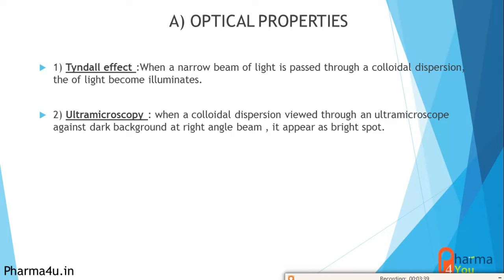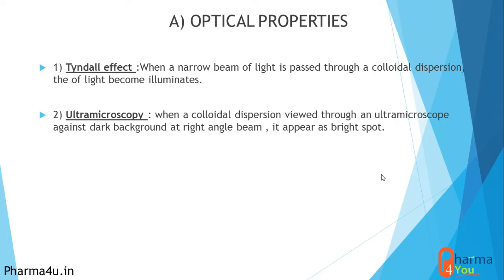The microscopy used can be normal microscopy, ultra microscopy, or electron microscopy. Normal microscopy does not give a positive result showing the Tyndall effect, so we have to go for ultra microscopy.